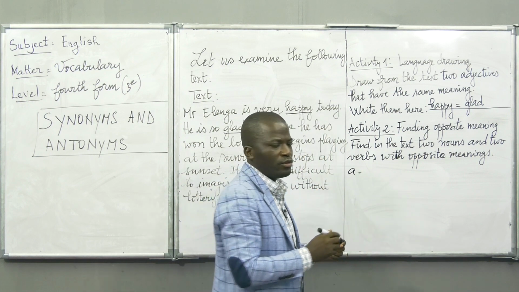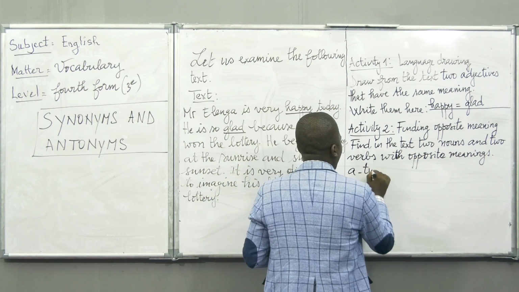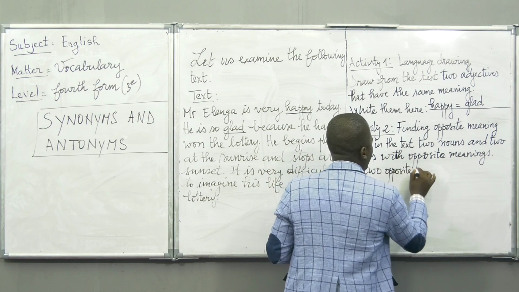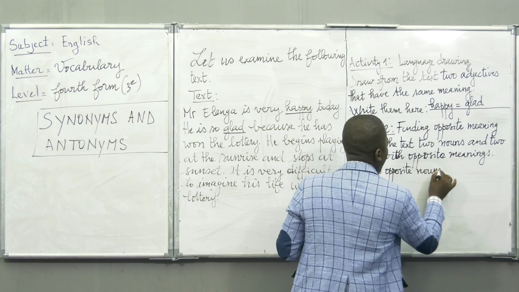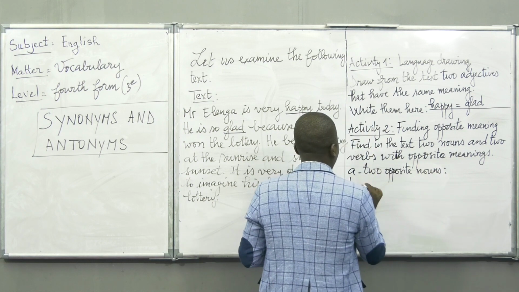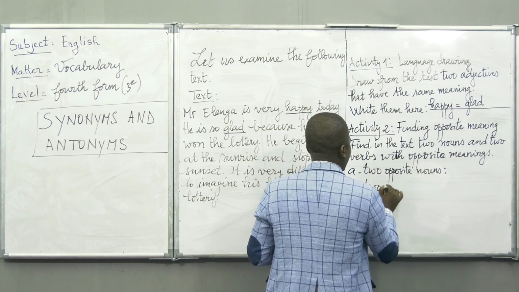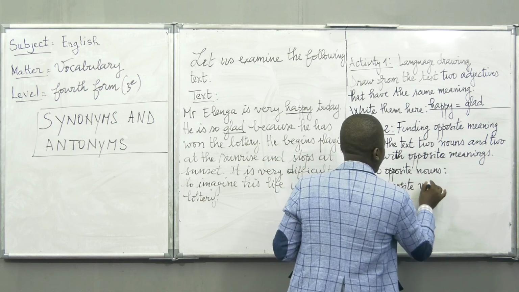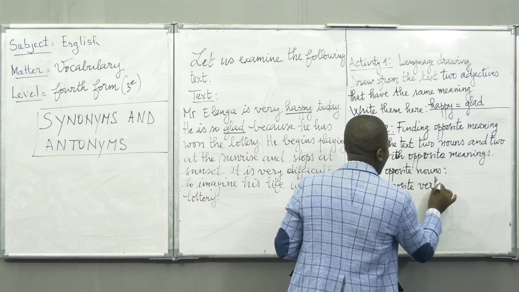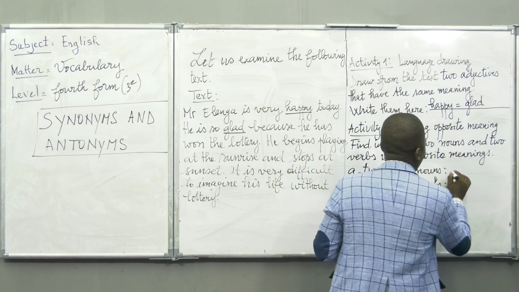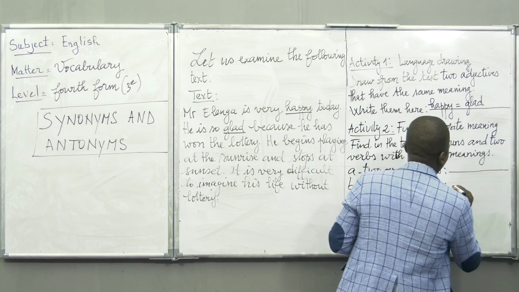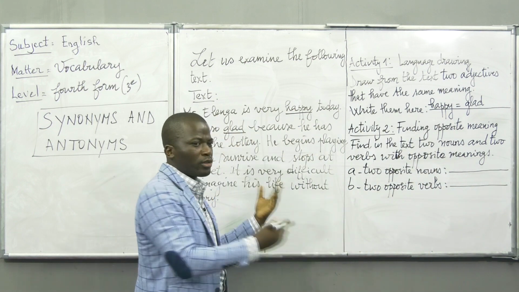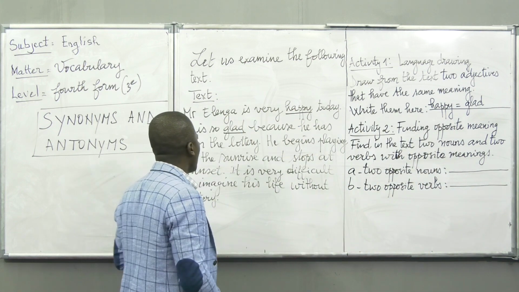A, we have 2 opposite nouns. B, 2 opposite verbs.